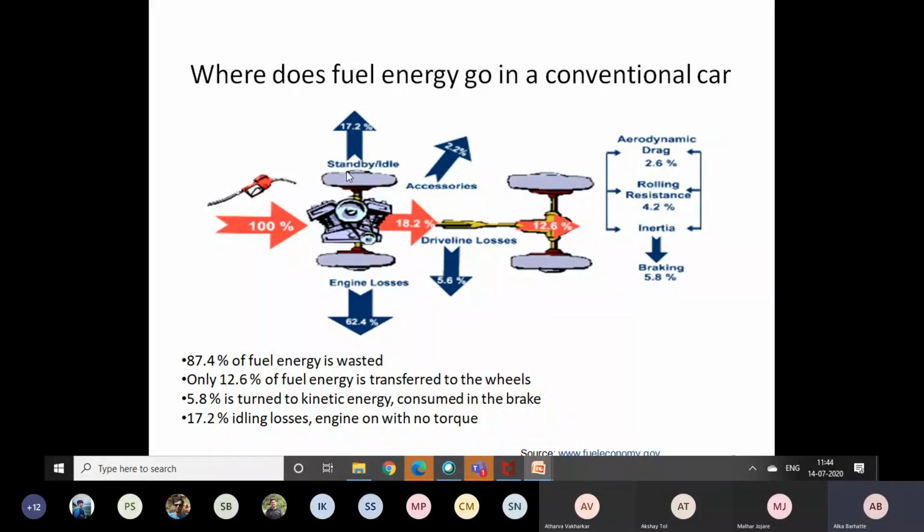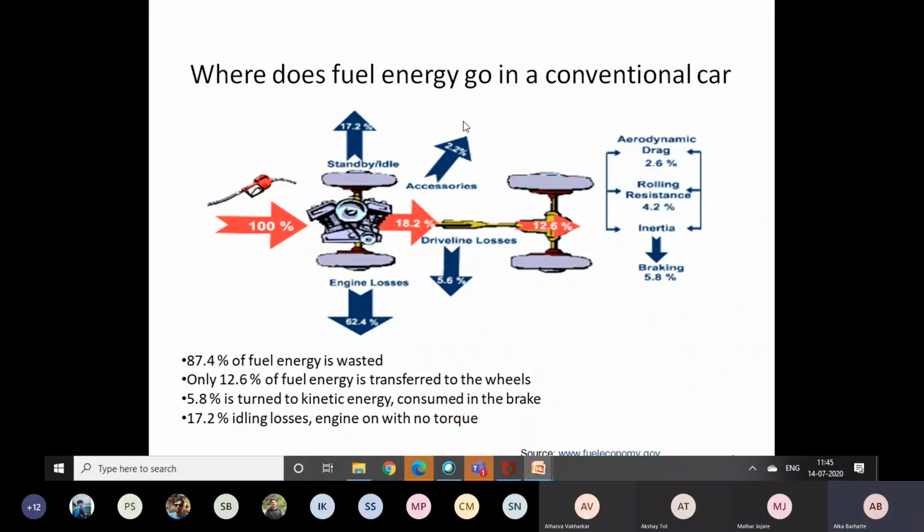If we consider the input as 100% fuel energy, out of which 17.2% we are losing whenever your vehicle is in idle mode, the standby mode. 62% are the engine losses for operating your engine, the combustion and all that engine process.